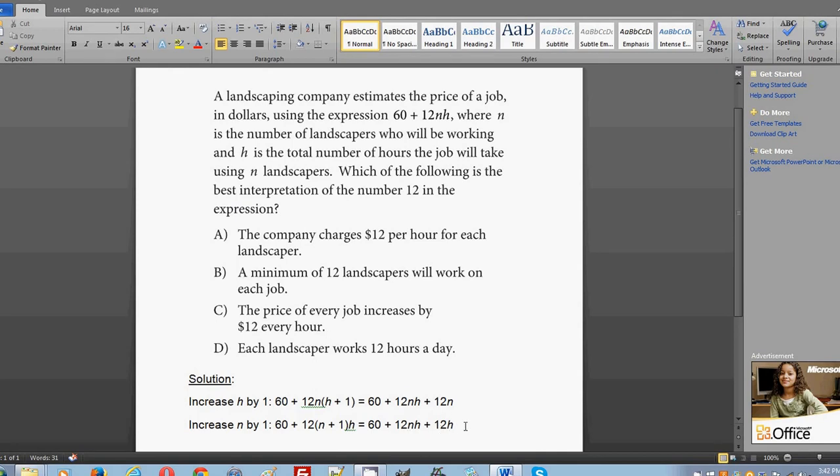That makes sense because this new landscaper would have to work h hours and get 12 times the number of hours worked, which means per hour he gets 12: if h was equal to 1, he would get $12, and if h was equal to 2, he would get $24. So the company charges per hour per each landscaper, and choice A makes complete sense this way.